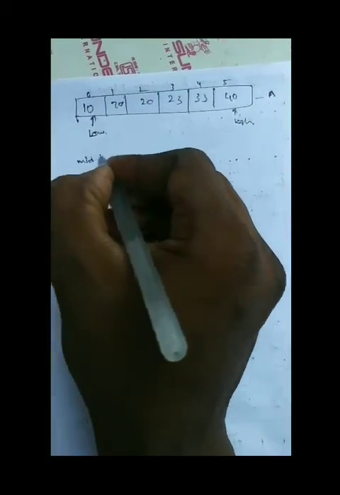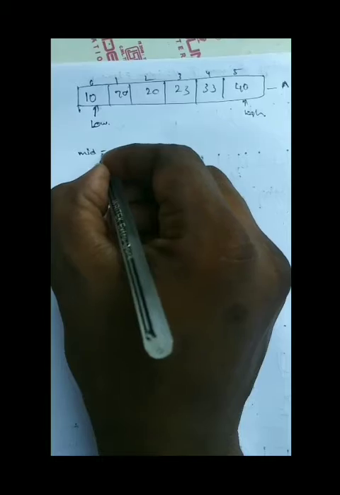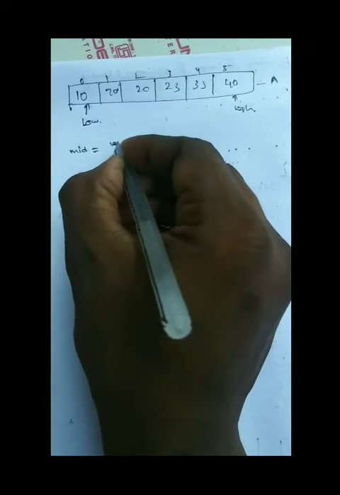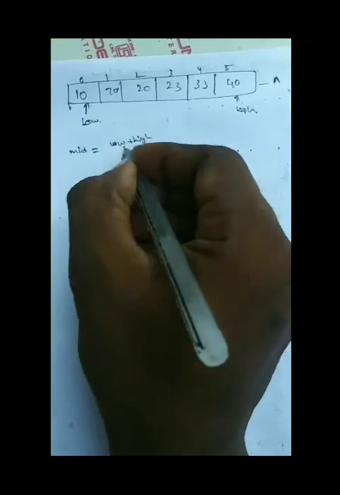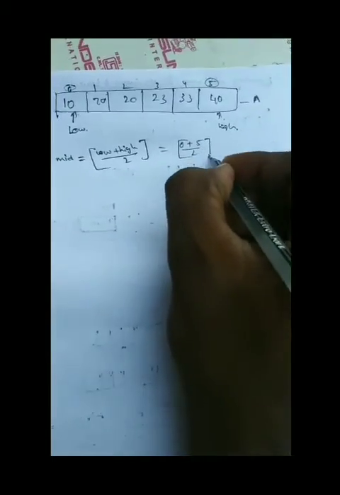Now we have to calculate the middle element to obtain the maximum and minimum from the given array. The formula is (low + high) / 2. Here the low value is 0 and the high value is 5, divided by 2. Flooring is applied, so 2, the second element, is our middle element.